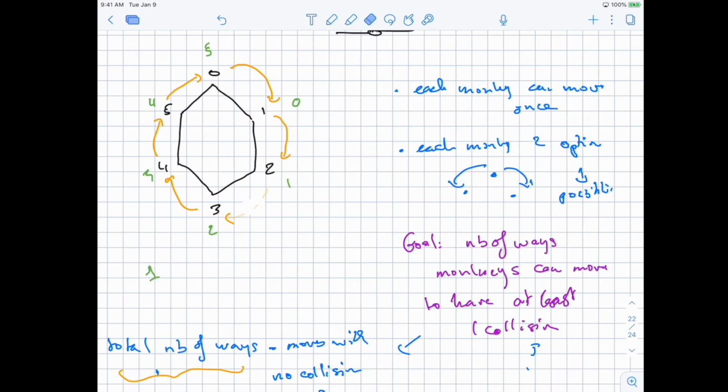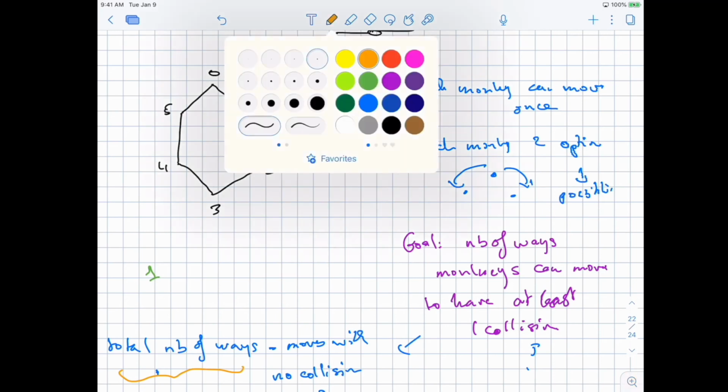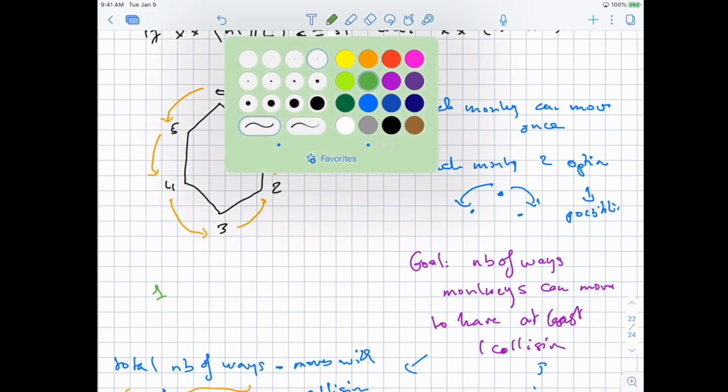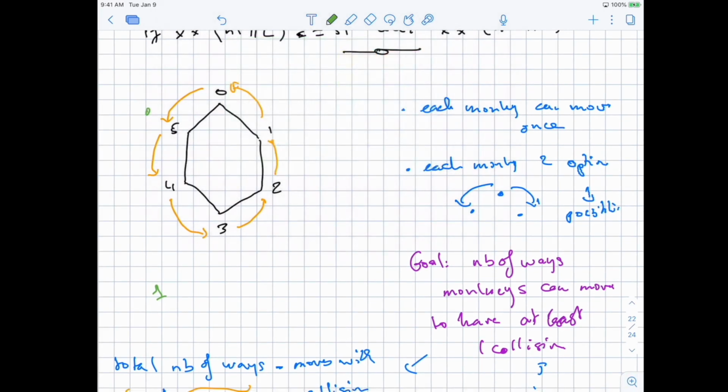Now, is there another possibility? Well, they can do the same except counterclockwise, right? So how will that happen? 0 moves to 5, and to not have a collision, 5 moves to 4, 4 moves to 3, 3 moves to 2, 2 moves to 1, and since 0 is free because 0 moves to 5, 1 can move to 0, and we'll end up with a configuration like 0 here, 5 here, 4 here, 3 here, 2 here, 1 here.